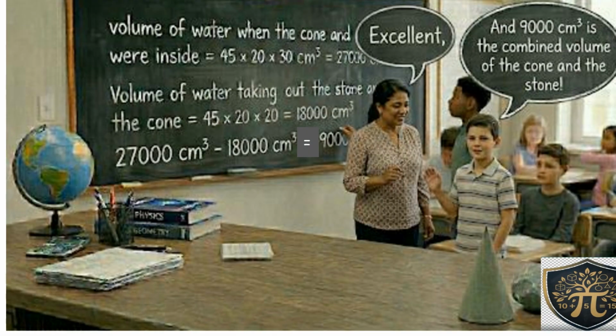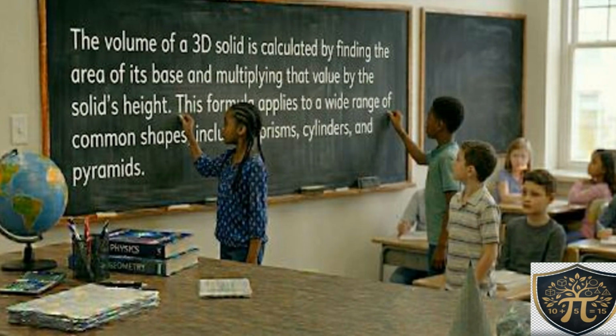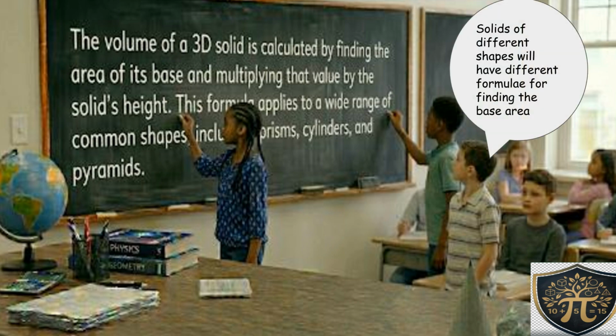Excellent! 9,000 cubic centimeters is the combined volume of the cone and the stone. This clearly demonstrates the concept of volume displacement. The volume of a 3D solid is calculated by finding the area of its base and multiplying that value by the solid's height. This applies to shapes including prisms, cylinders, and pyramids.